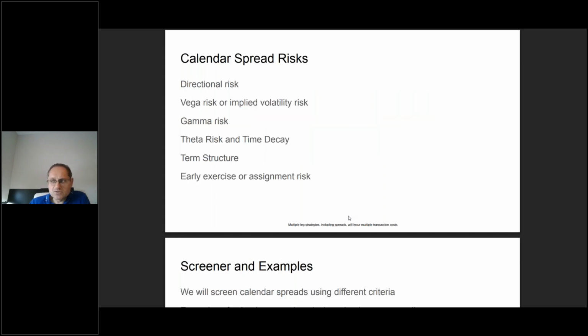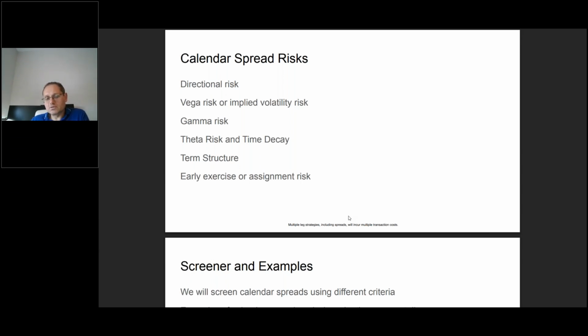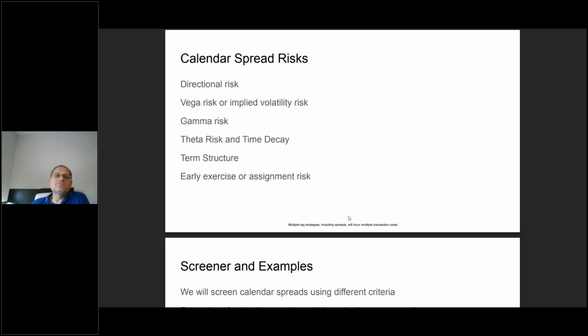And calendar spreads do carry different risks. One is the directional risk, just like we talked about. You have a vega risk, or implied volatility risk. If you're long the calendar spread, you're long vega. You want volatility, especially in this term structure, to move higher. You want that longer term option to move higher with higher implied volatility. You do have some gamma risk. Depending on how you structure it, you do have some gamma risk there.